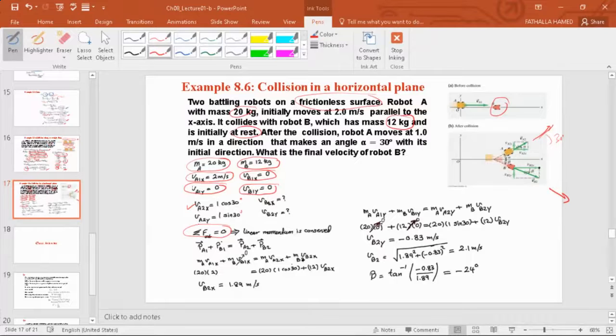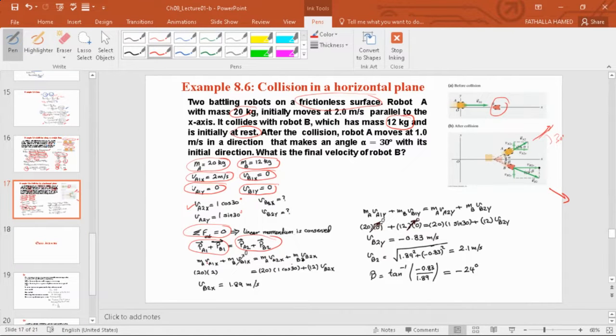So you're going to look at the momentum of your system before. That's why we say here PA1 plus PB1 equals PA2 plus PB2. So you're looking at the momentum of the system after. Now, when you do that, you have an x and y now, so you have to look at the x component first.